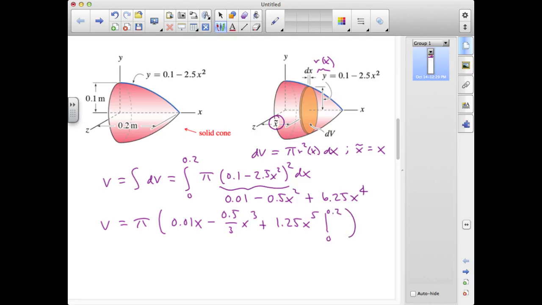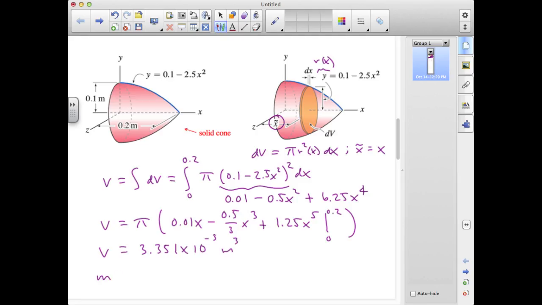We get no contribution from the lower limit, it's just the upper limit that contributes something. And if we calculate that, we get that the volume is equal to 3.351 times 10 to the minus 3 meters cubed.